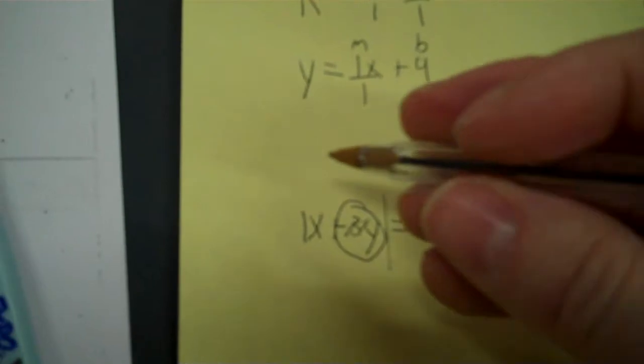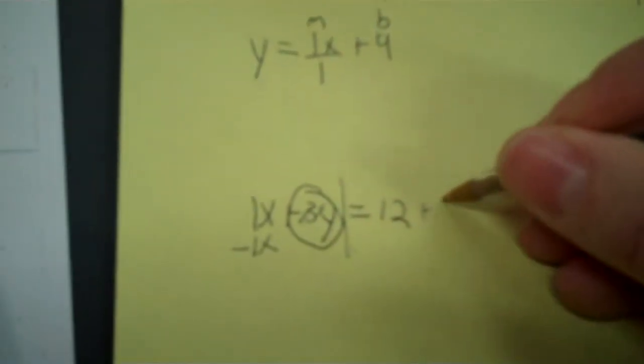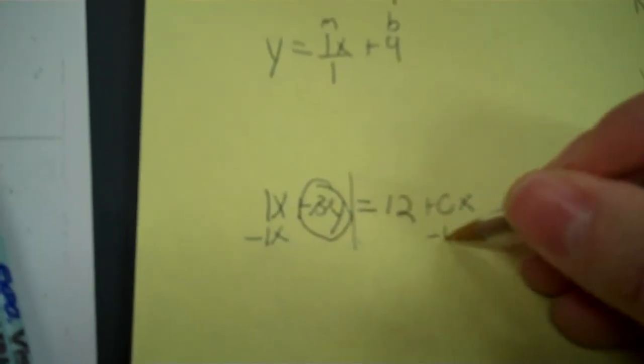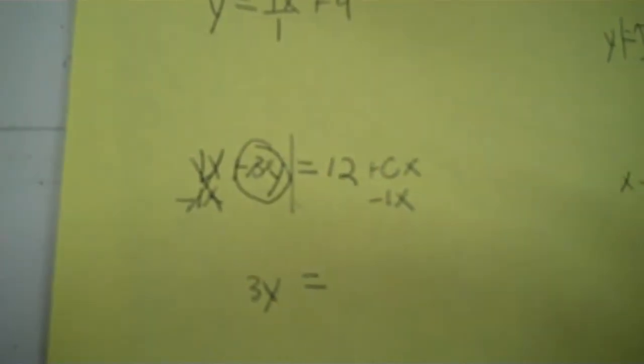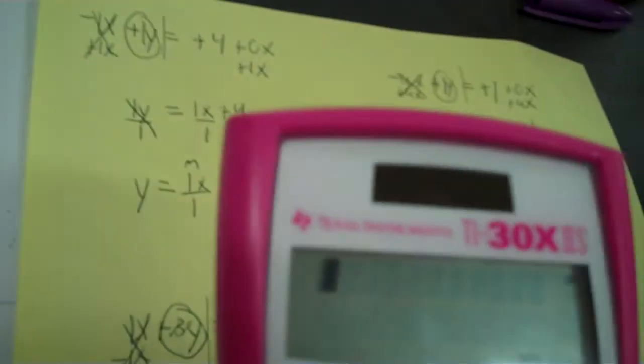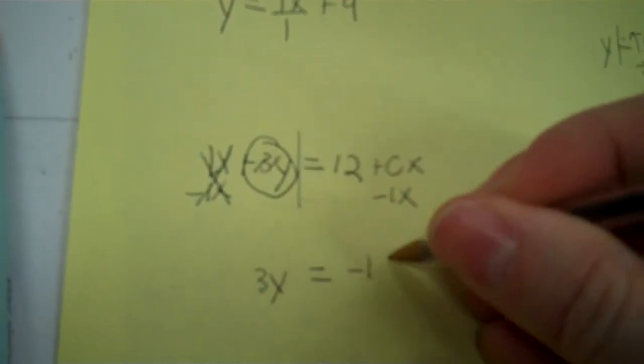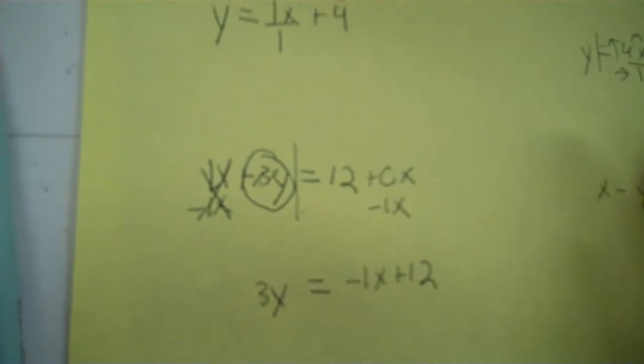So how would you get rid of a 1x? You'd subtract it. And then we put a plus 0x, and then subtract 1x from there. So line up your equals. So these cross out, and on this side I have 3y. Now on the other side, do my x's. 0 minus 1 is going to be negative 1. So it's negative 1x, and then plus 12.